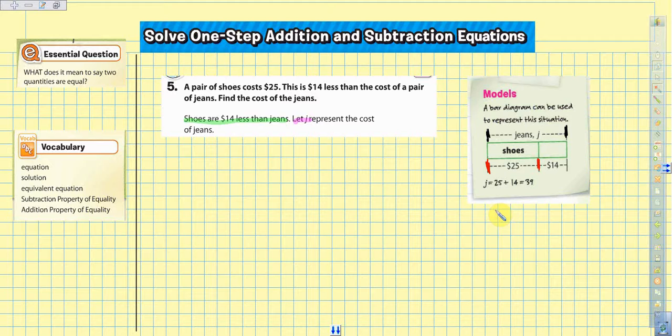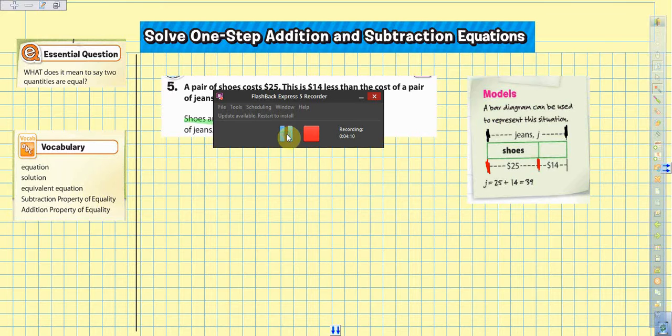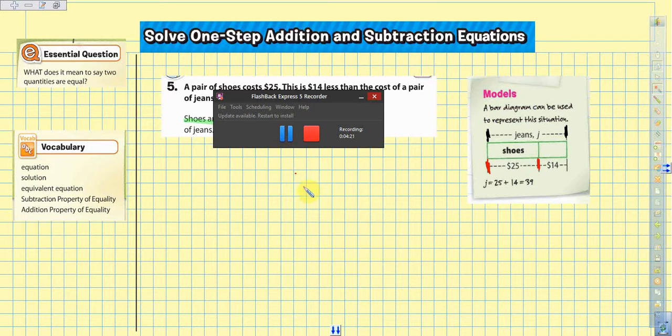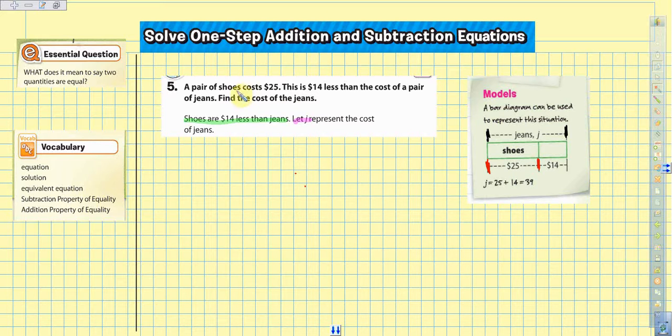Okay, so the way it's going to work is that we have a pair of shoes cost $25. This is $14 less than the cost of a pair of jeans. So when we look at this, we need to say, okay, this is one side, and we see that the shoes are 25, and then the other side is that our jeans are going to be 25 plus the 14.